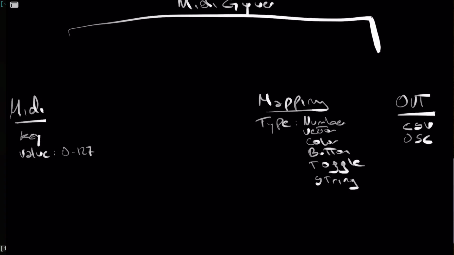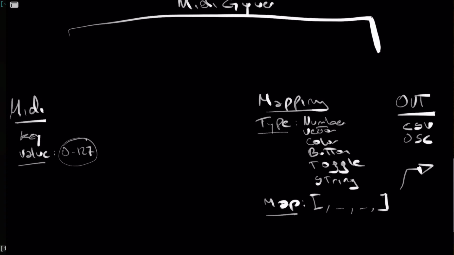So based on a type, we define a map, and that map will have an array of elements that it will interpolate this 0 to 127 value over, and then this is ready to go out.